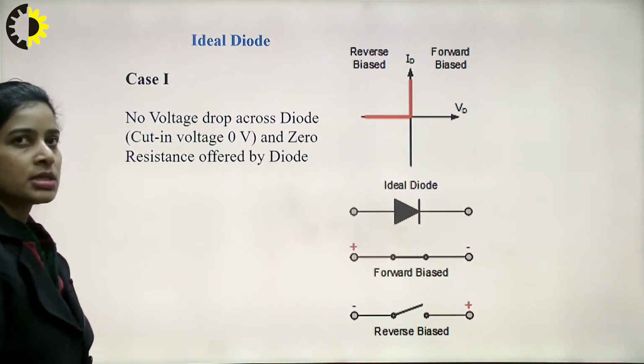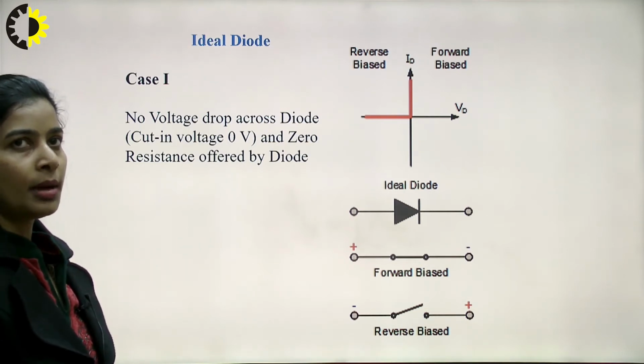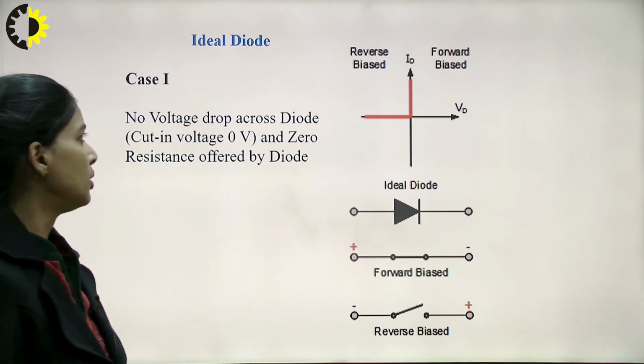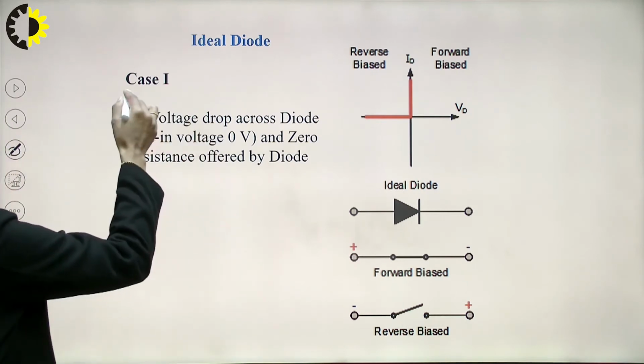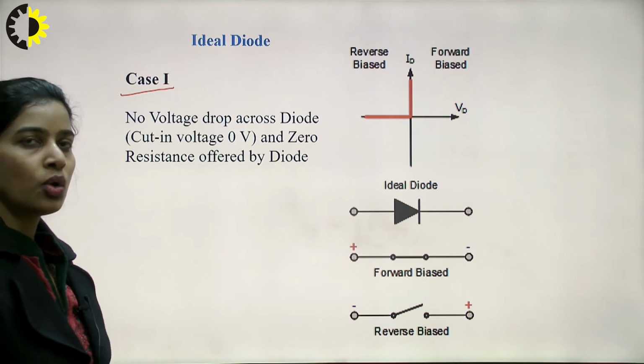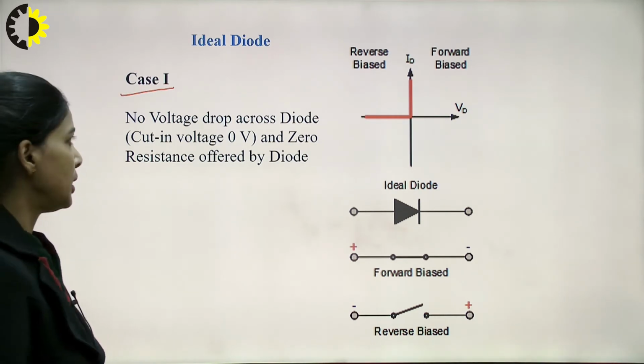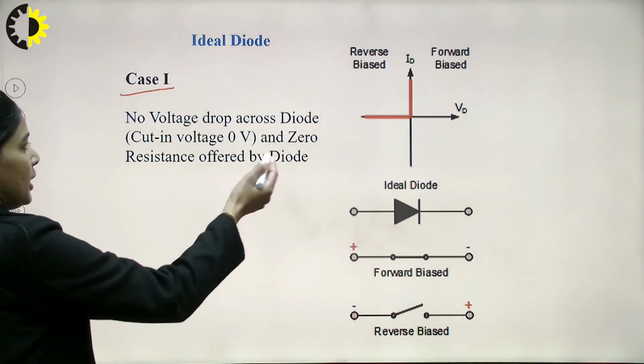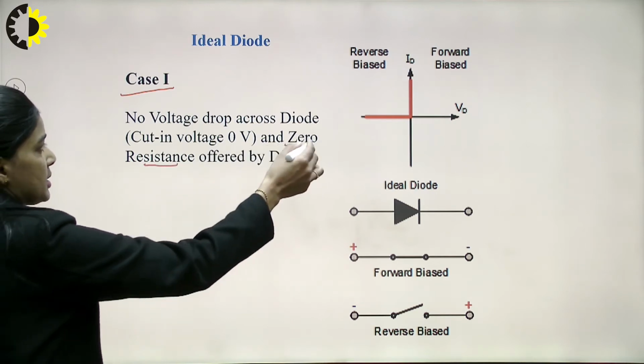So now we will study in more detail about the characteristics of the diode. First, considering case 1, when there is no voltage drop across the diode and it is offering 0 resistance.